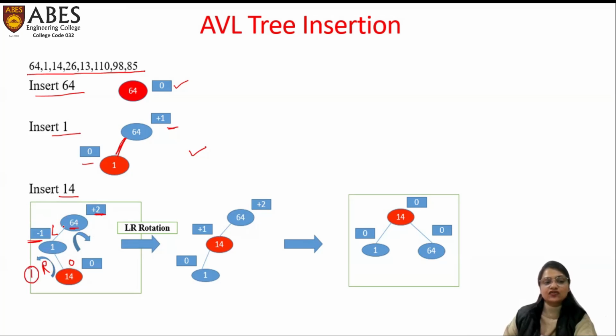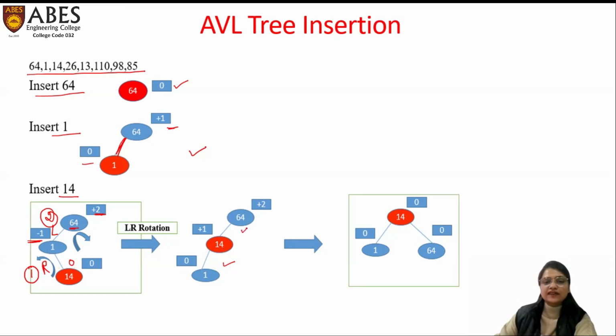First, this needs to be rotated and then second, it needs to be rotated. After rotating in this step, 14 will become the root node in place of 1 and 1 will go to the left part of this. That's just like this: 14 will become the parent and 1 will become the child of it. But only the first part has been done here.